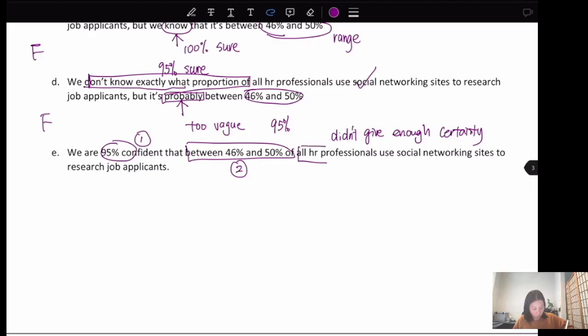So of all HR professionals, that means we use this confidence interval to estimate the population proportion P. So that means it satisfies the third condition. So this is a true statement.